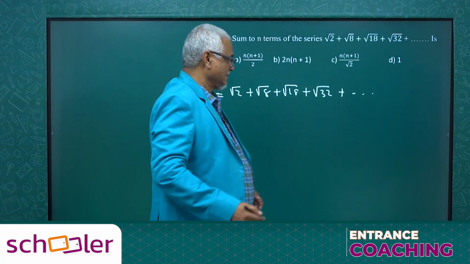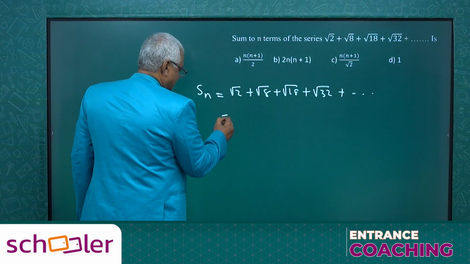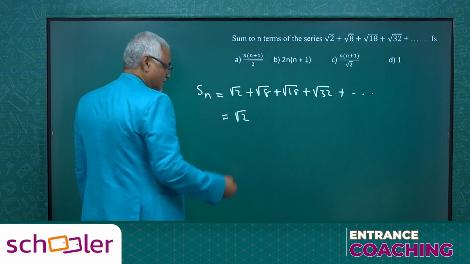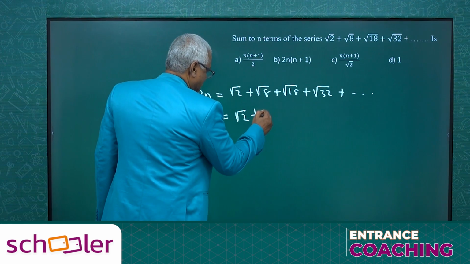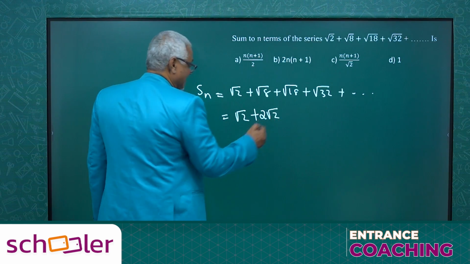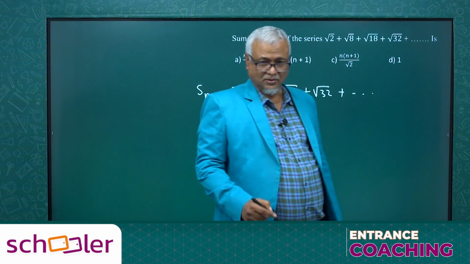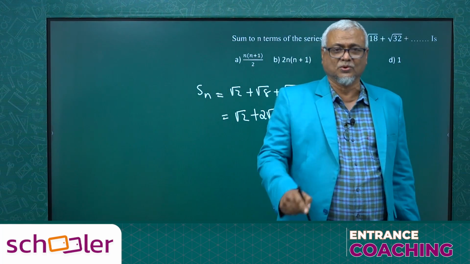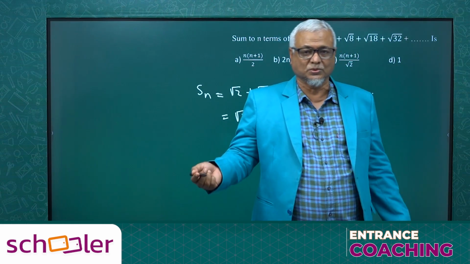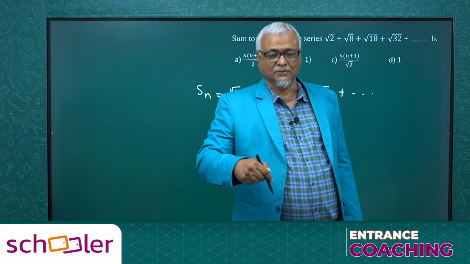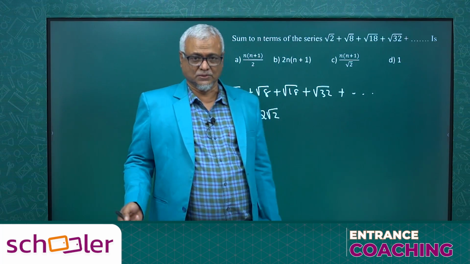This is root 2, of course. Root 8 is 2 root 2, because 8 is 2 into 4 or 4 into 2, and root 4 is 2. So we got 2 root 2.